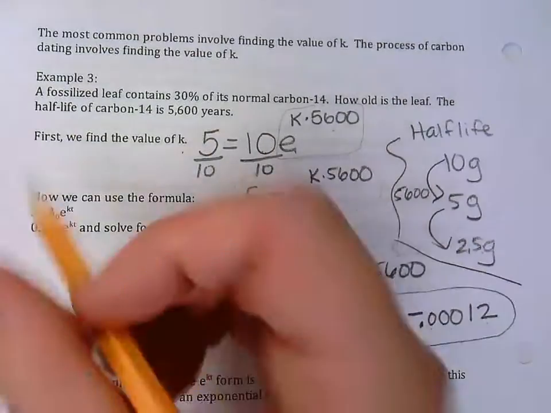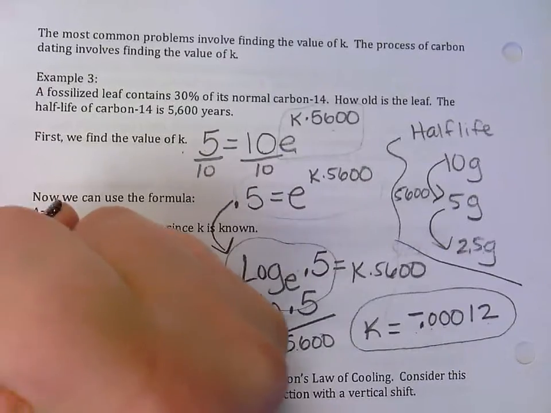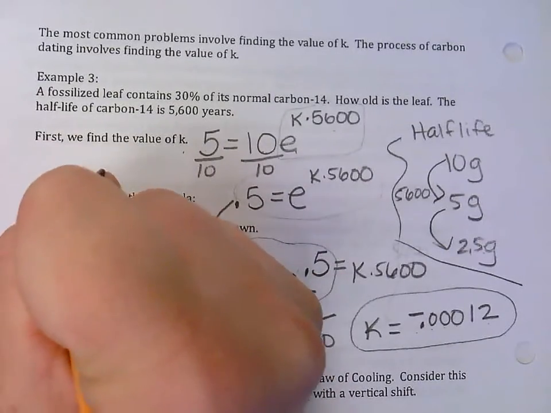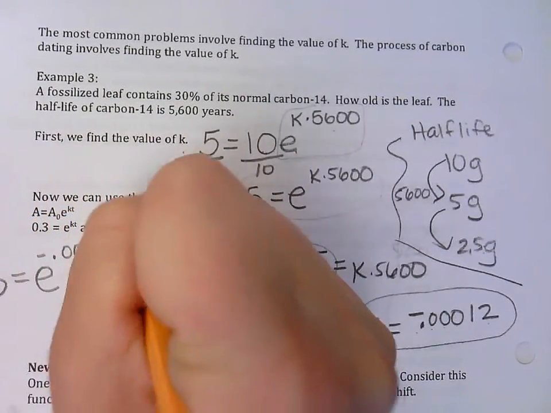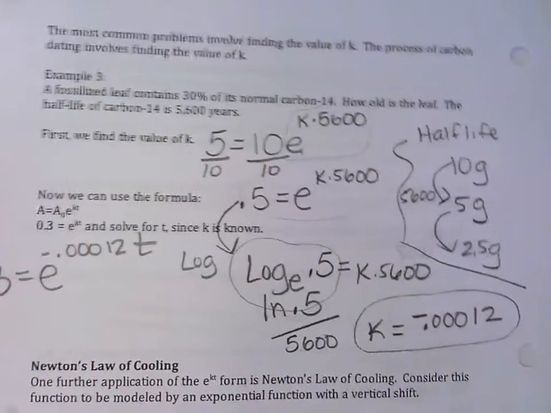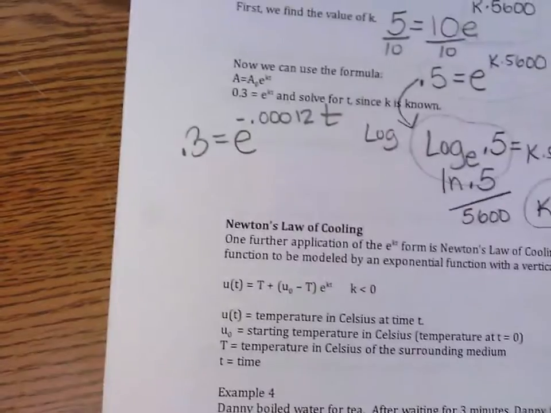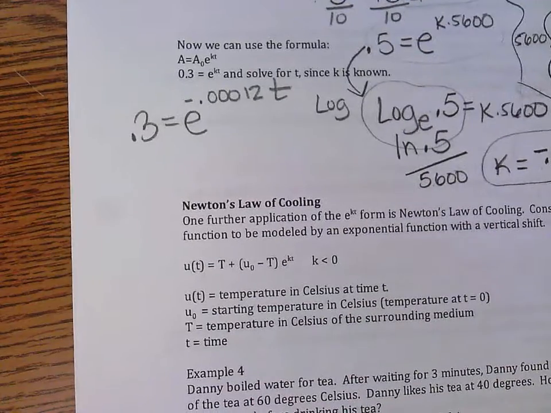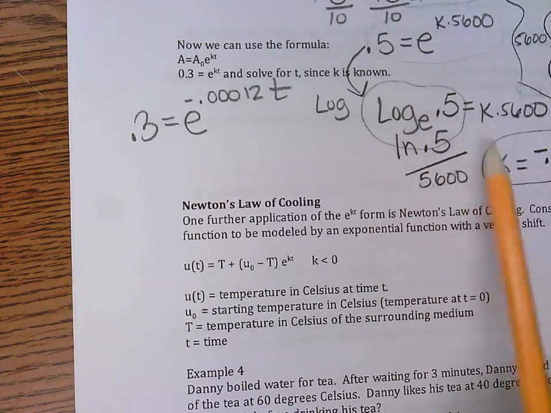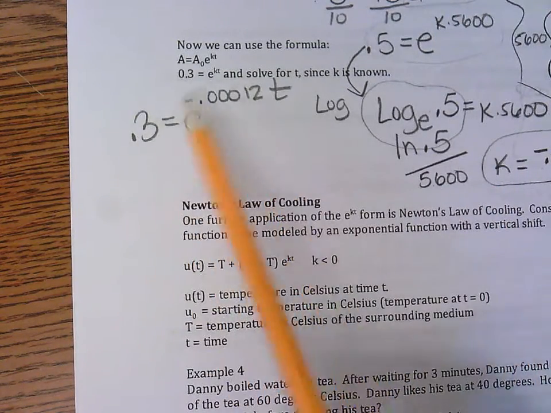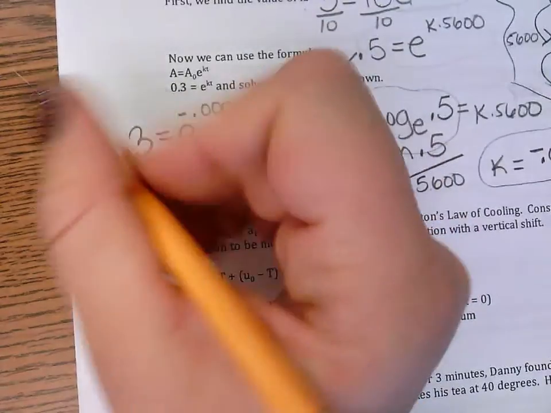So I'm going to do 0.3 equals e to the negative 0.00012 t. So you have to solve this for t, the same way we just solved the other problem for k. E is already by itself, so I'm going to change into log form.